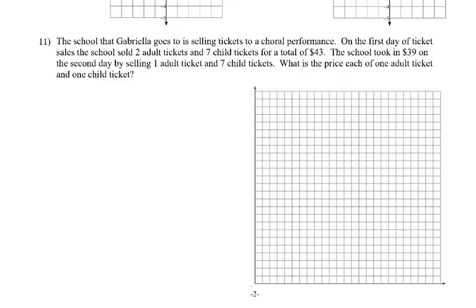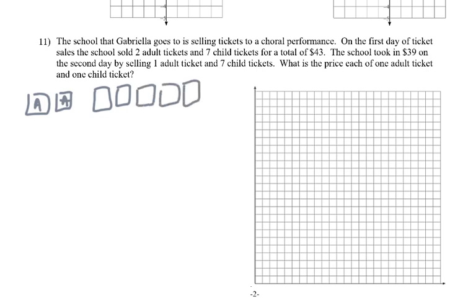Okay? Now let's take a look at this story problem. So, okay, the school that Gabriella goes to is selling tickets to a choral performance. On the first day of ticket sales, the school sold 2 adult tickets and 7 child tickets for a total of $43. So write 2 adult tickets, 7 child tickets, for a total of 43.